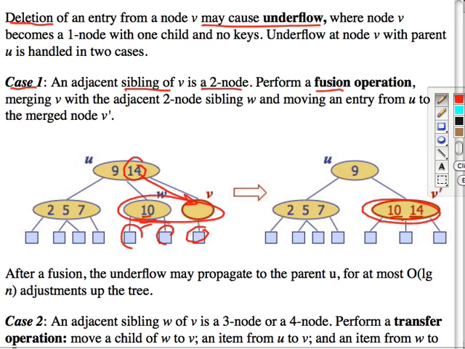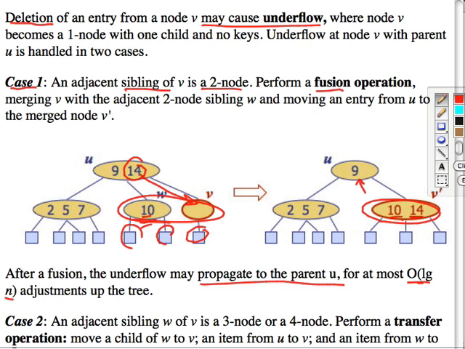So now we have successfully dealt with this underflow without changing the height of the tree, which is crucial with these things. Of course, there is the possibility that underflow propagates up to the parent. Suppose that only had 1 key in it and we pulled it down. So it may propagate to the parent, but it's bounded above by log n adjustments up the tree, where each adjustment is constant time.